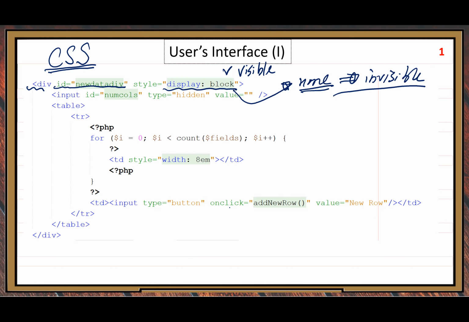Here, on click add a new row, this JavaScript function will change that property. You click, you change the property, then your GUI component changes. That's simple. This is the visible component.